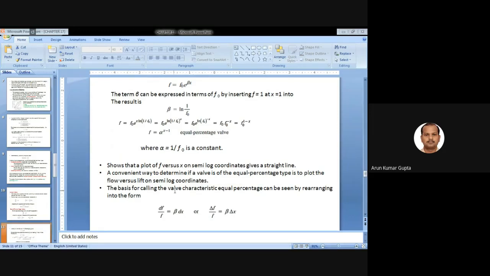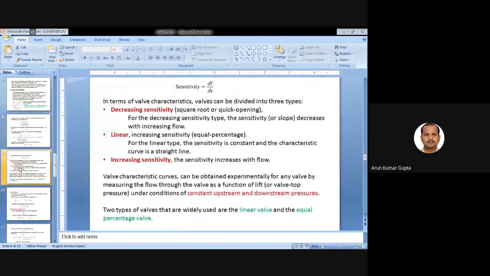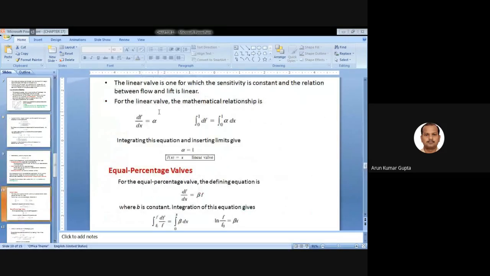The basis for calling a valve characteristic equal percentage can be seen by rearranging it in this form. As we defined, df by dx equals beta into f. If you rearrange this function mathematically, for equal percentage we have df by dx equal to beta times f.